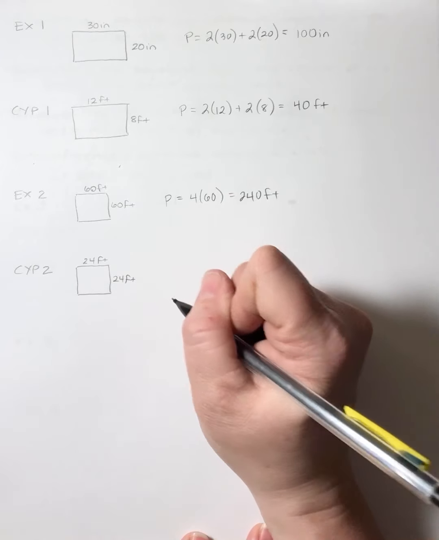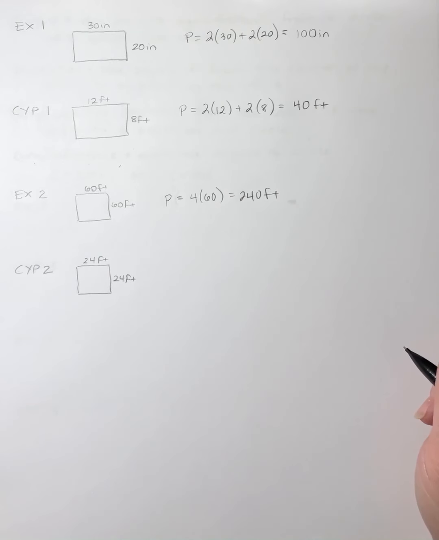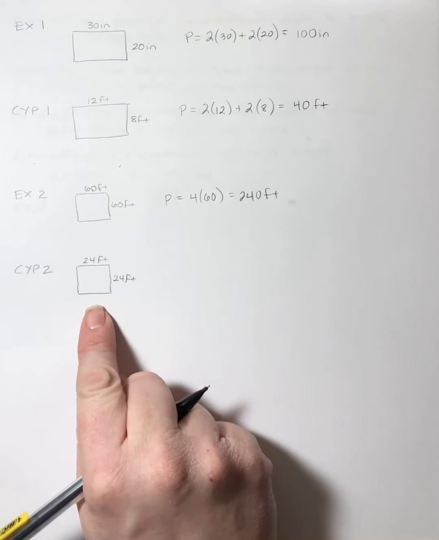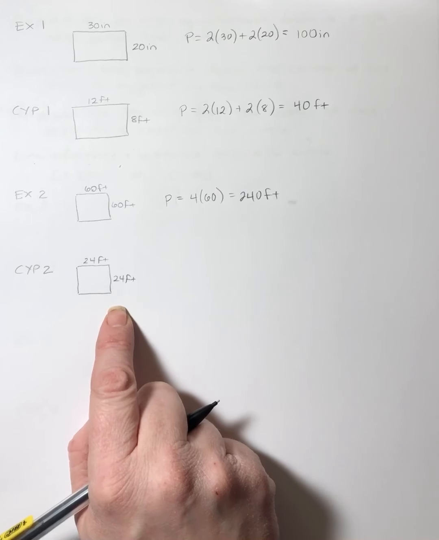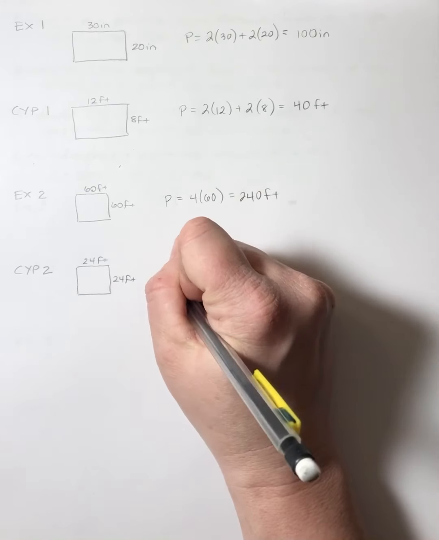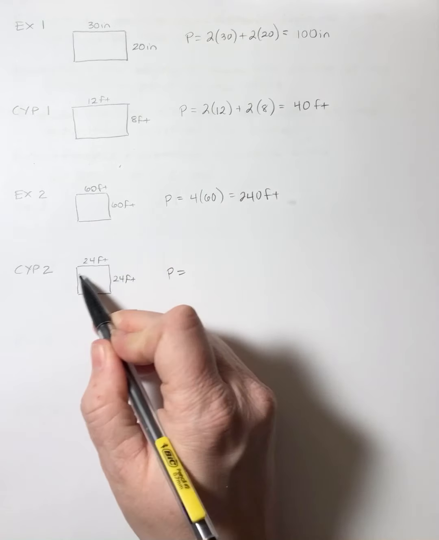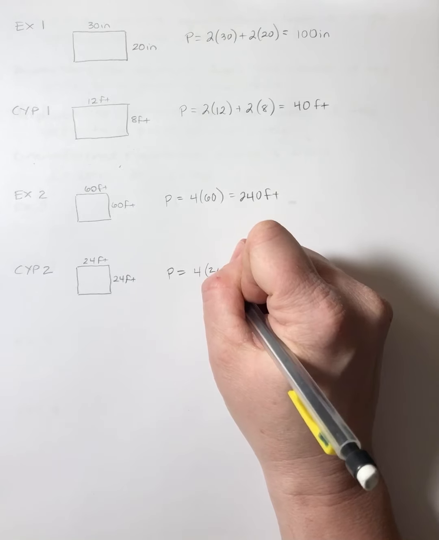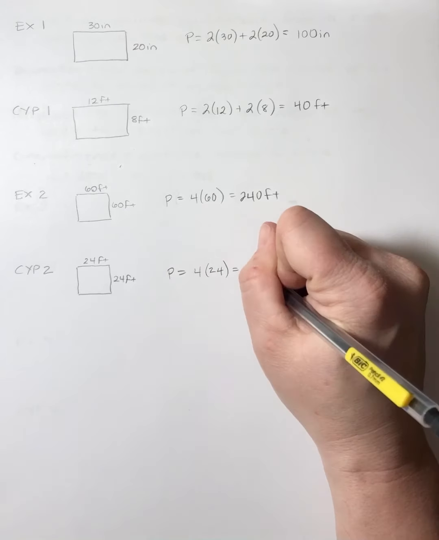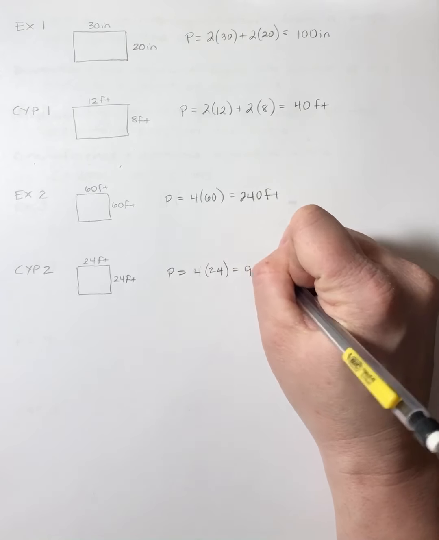Check your progress 2. A homeowner plans to fence in the area around the swimming pool in the backyard. The area to be fenced in is a square measuring 24 feet on a side. How many feet of fencing should the homeowner purchase? So again, fencing, we are doing perimeter, the distance around. So I take 4 times 24 and I get 96 feet.